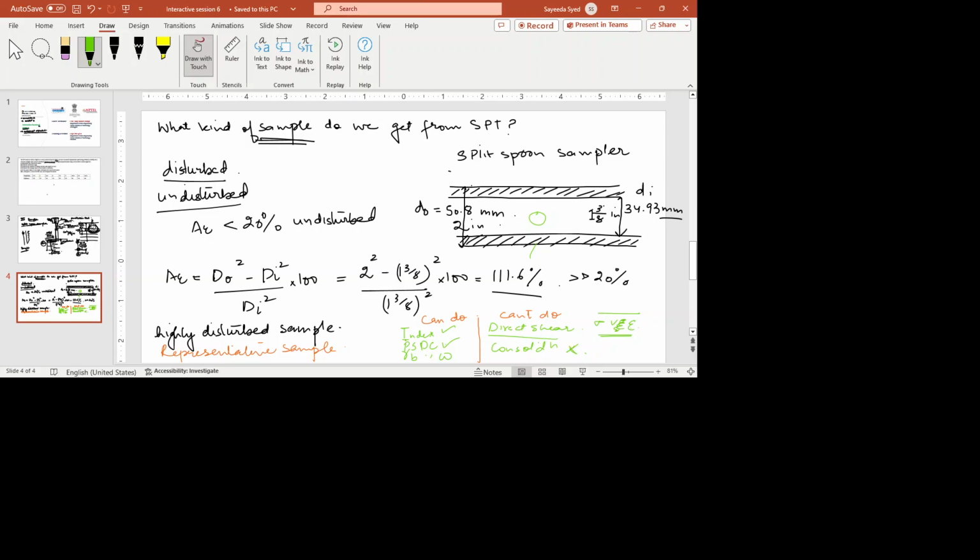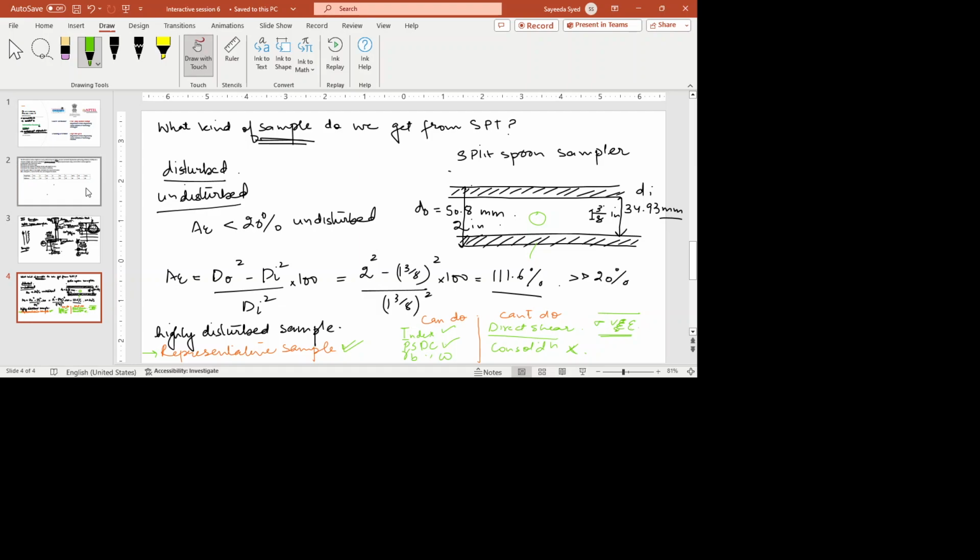So any test that needs an undisturbed sample, we can't do that. So we have to keep in mind that it is only a representative sample. It will not give us correct results for other kinds of tests. Okay.